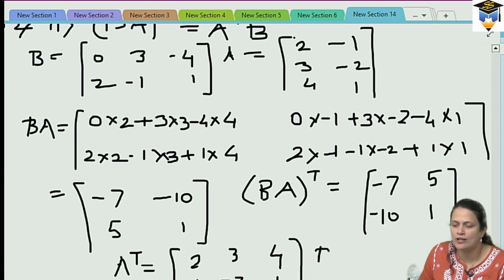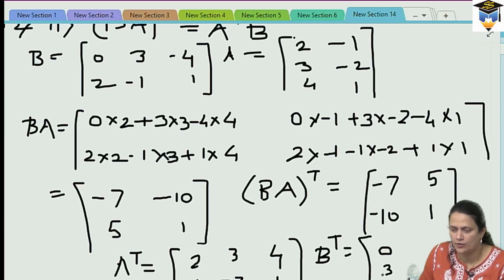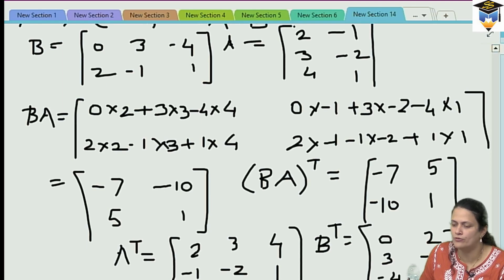And we also have B matrix. We are going to find out B transpose. That is going to be rows will get converted to columns. Wait, I am going to show you.